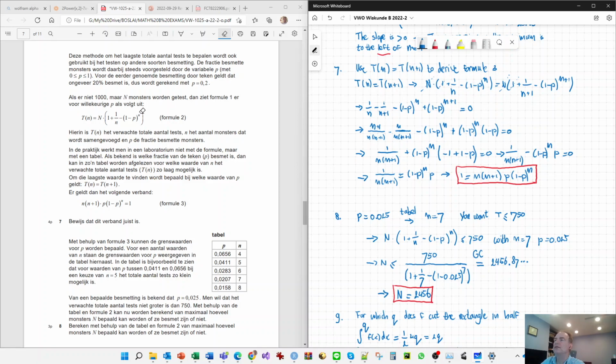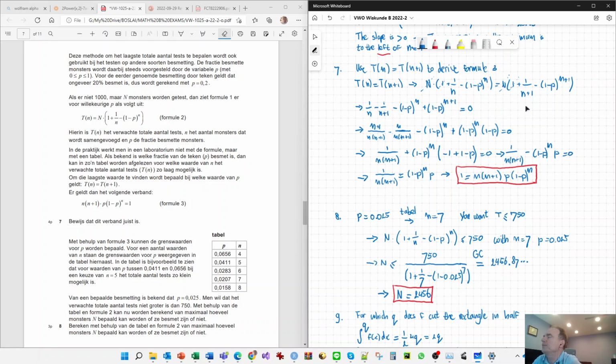T(n) is given here, you can just directly copy that, but for the right hand side you have to take n plus 1 instead of n. And then you can see that first of all you can drop n, and also the 1 term here will drop on both sides.